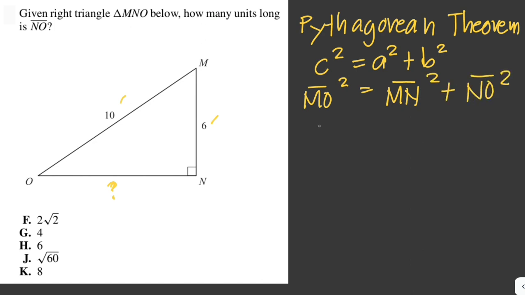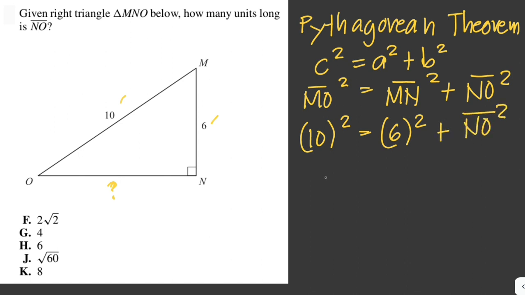But we're given the value of the hypotenuse, which is 10. So this is 10 squared, equals MN, 6 squared, plus NO squared. So NO squared is just equal to 10 squared minus 6 squared.